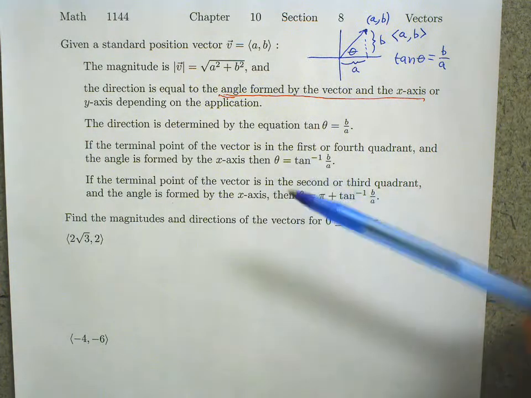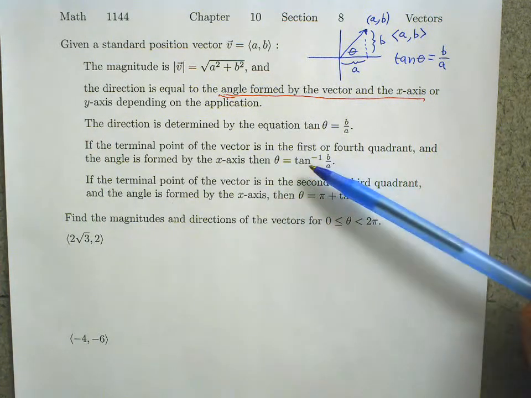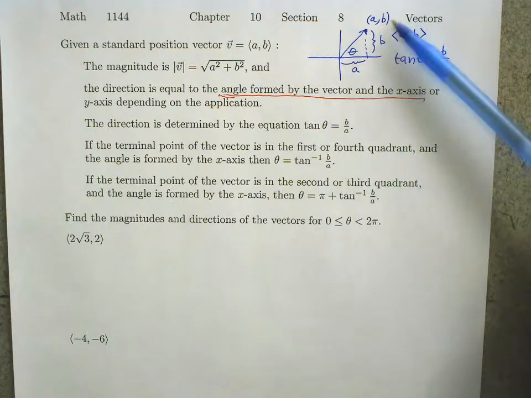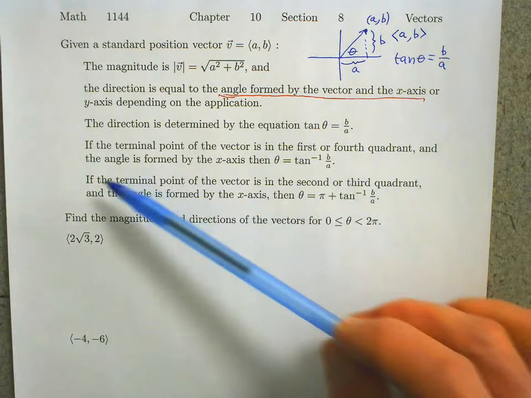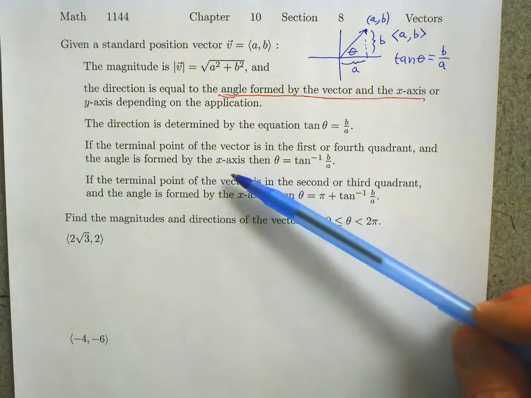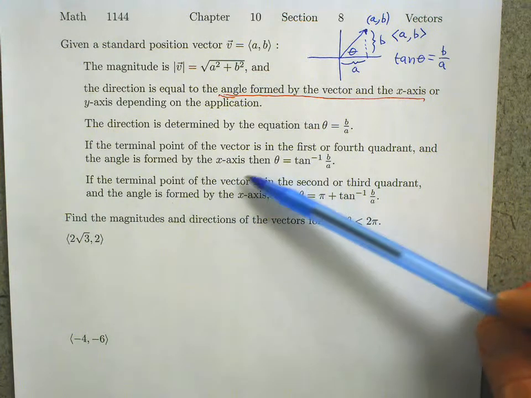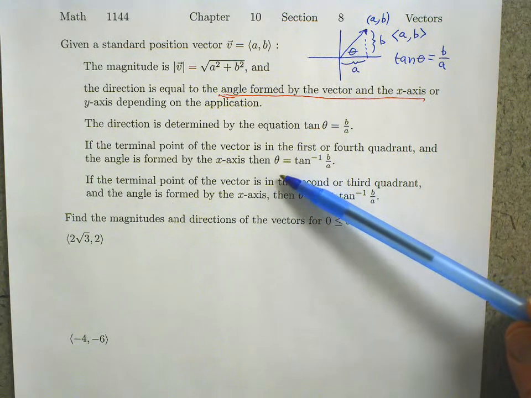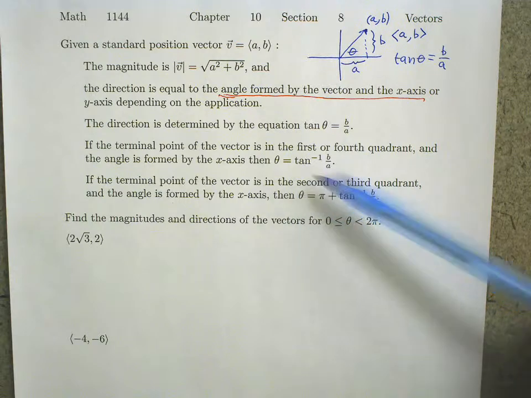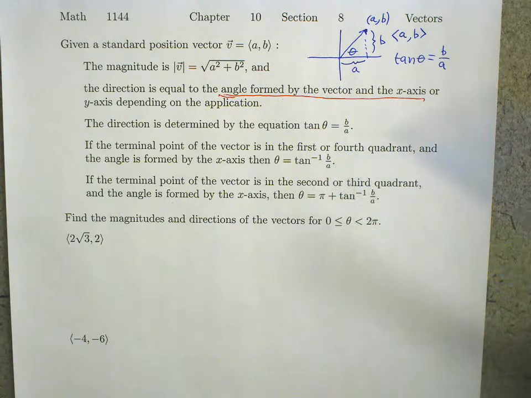If the terminal point of the vector is in the first or fourth quadrant, and the angle is formed by the x-axis, then theta is equal to the inverse tangent of b over a.